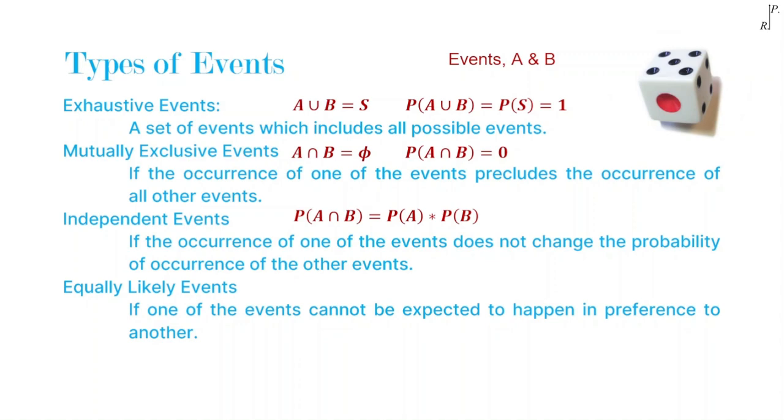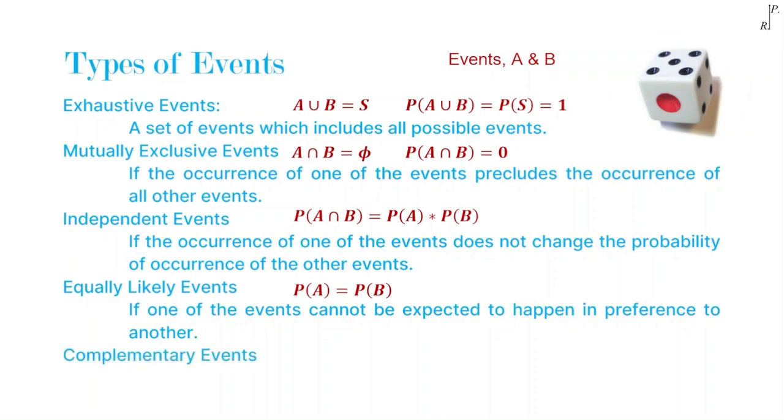Or, in another example, while drawing a card from a deck of 52 cards, there is an equal probability of being drawn for all the cards. If we again look at events A and B, then A and B will be equally likely if the probability of A is equal to probability of event B.